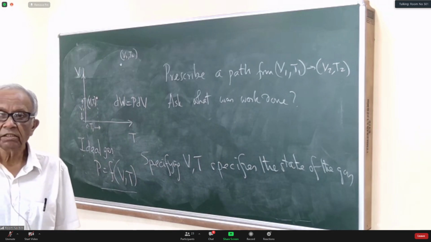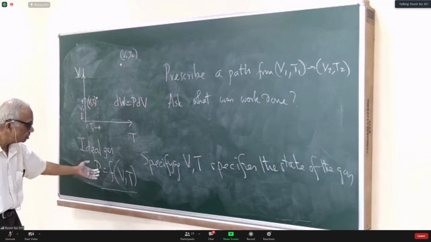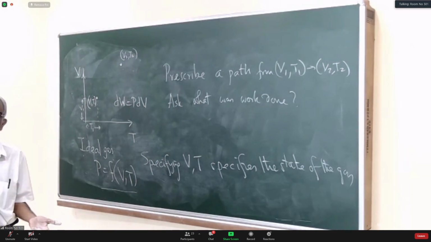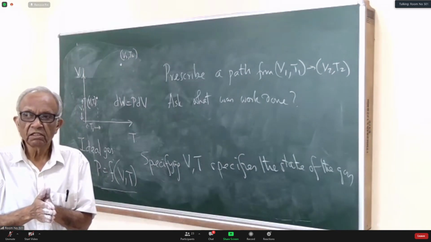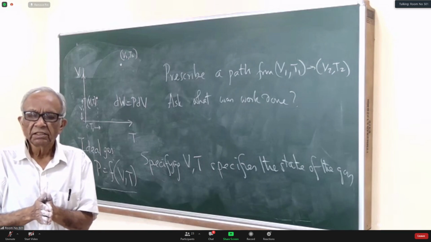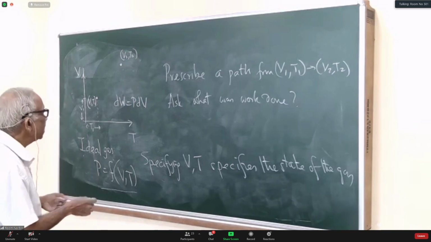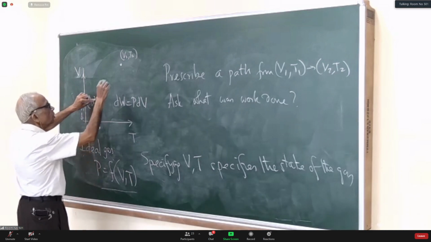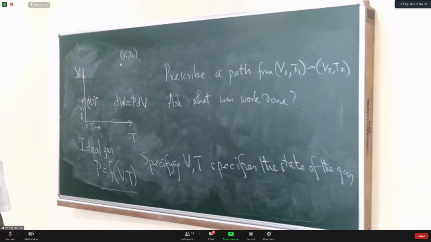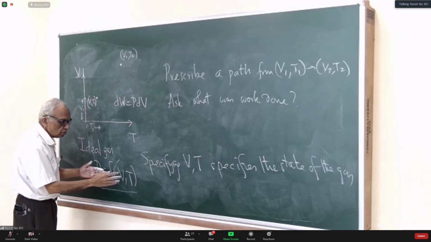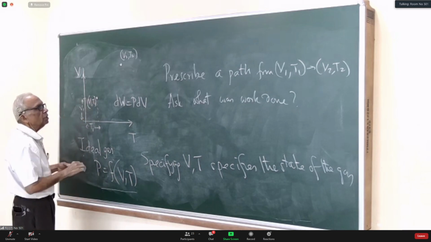But how can I use this over here, which we discussed was for equilibrium? So you wiggle out of it by saying that you have taken it from this point to this point so slowly that at every instant the equation of state was valid. So it is P equal to f(V, T) at this point.